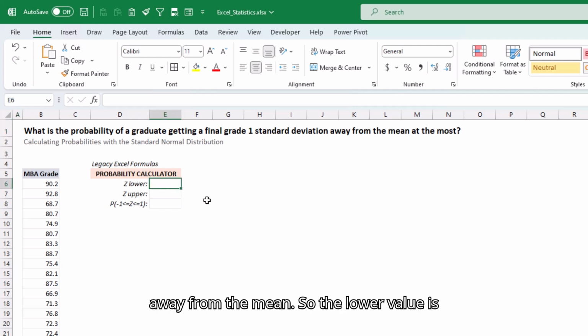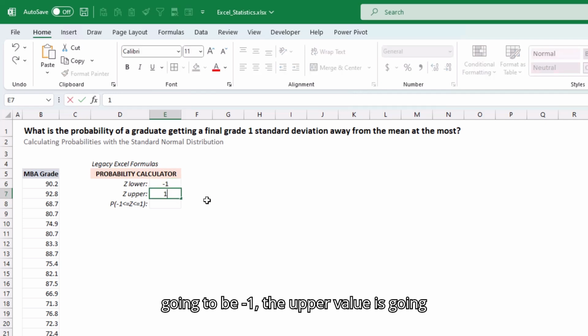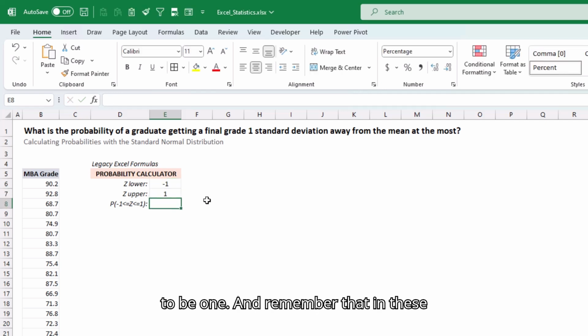So the lower value is going to be negative 1, the upper value is going to be 1, and remember that in these cases where we want to calculate the probability between two values, we need to calculate the cumulative probability for the higher value first, and then subtract the cumulative probability from the lower value.